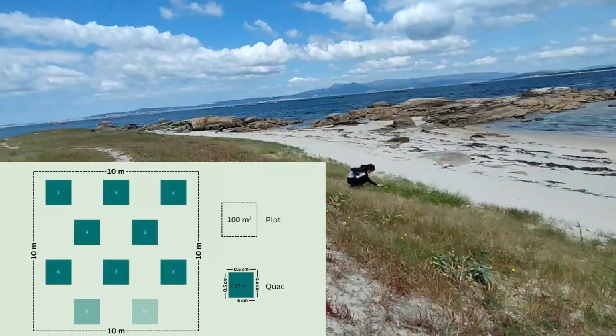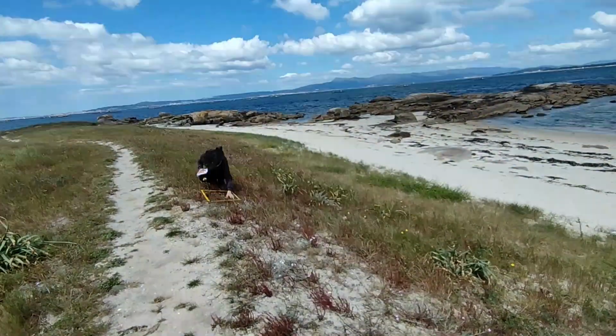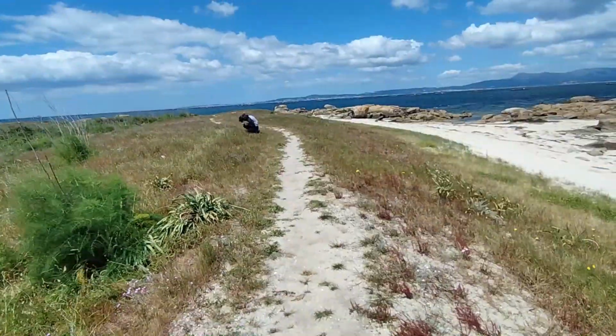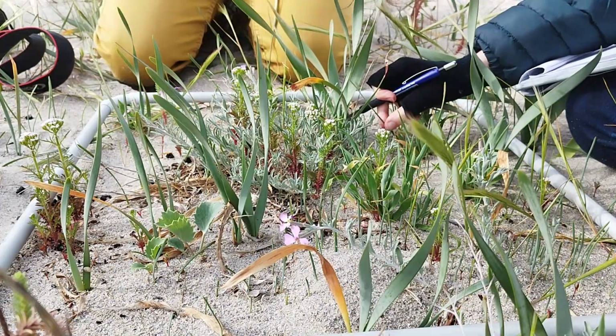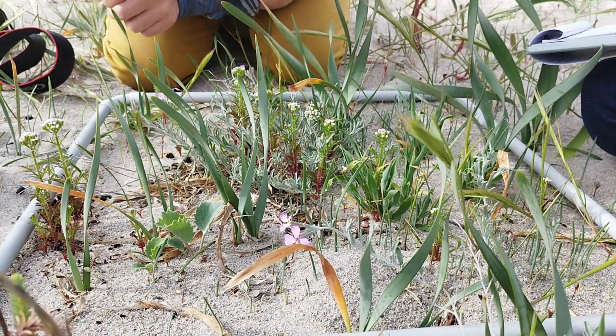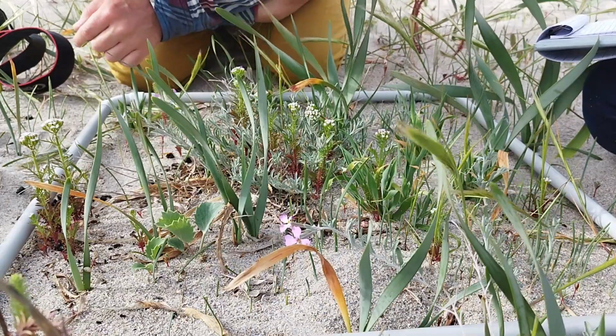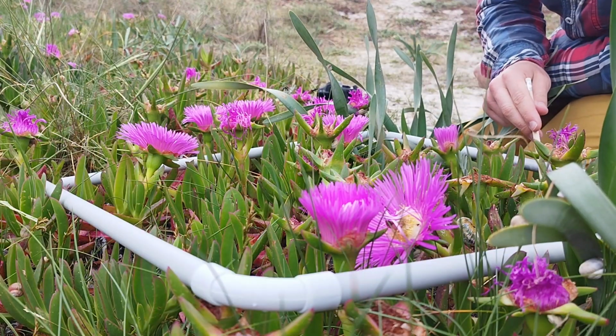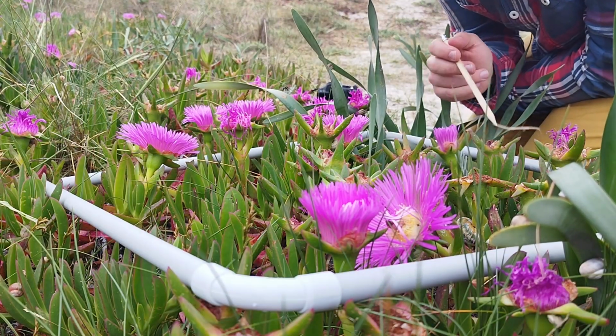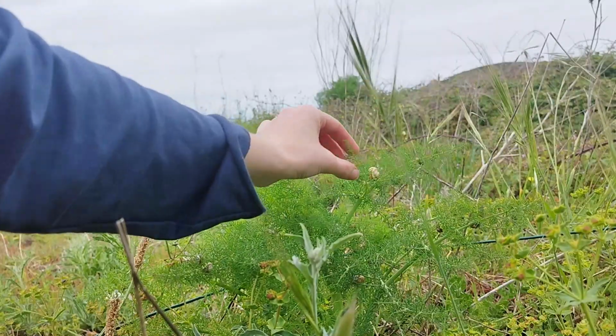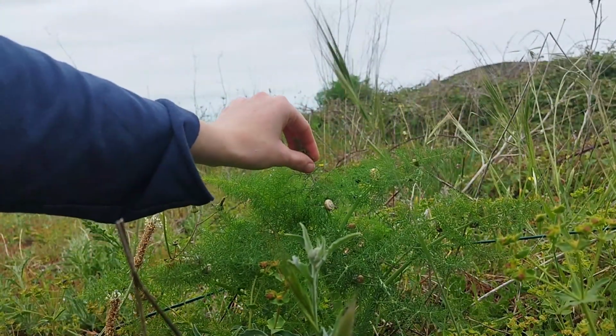A quadrat was thrown at 3-meter intervals about 10 times. For each quadrat, the percentage of total plant cover and Carpobrotus cover was determined. Plant and invertebrate herbivore diversity were noted, and plant-herbivore interactions were recorded for 3 minutes.